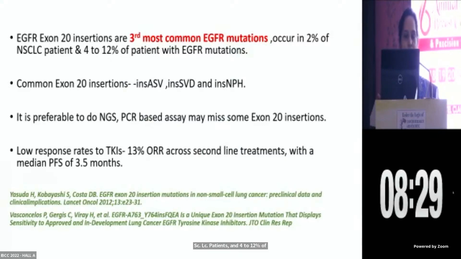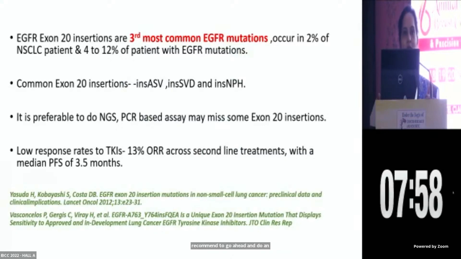The most common exon 20 insertions are insertion ASV, insertion SVD, followed by insertion NPH. So it is preferable to do an NGS, and many a time PCR-based assays may miss exon 20 insertion. If you have a female patient with adenocarcinoma histology and the smaller panel or a non-NGS panel has not picked up a mutation, I would recommend going ahead and doing an NGS.